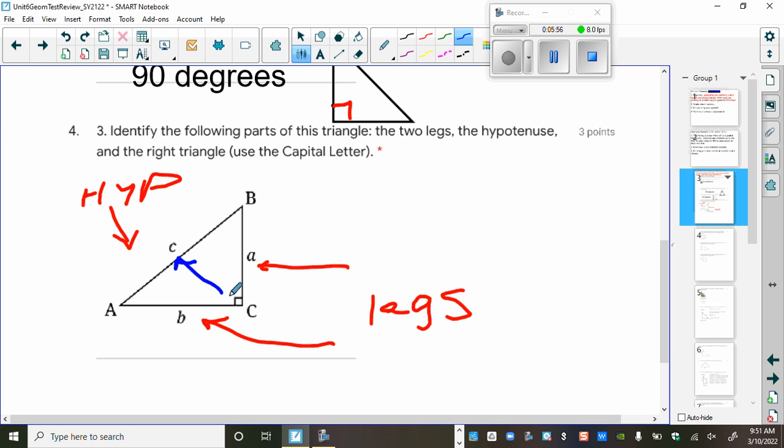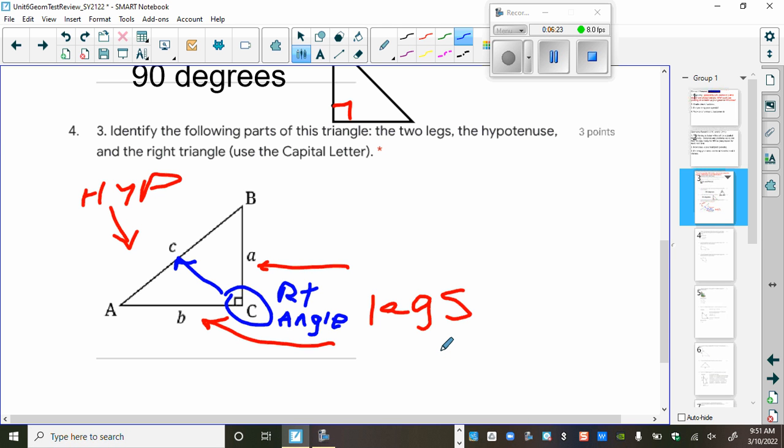That's your hypotenuse because here is the right angle. All right, so far, any questions?